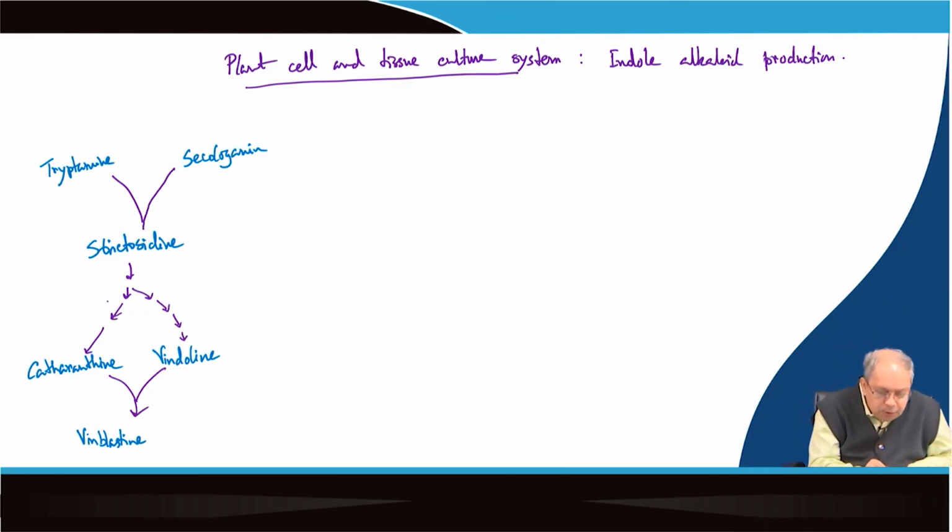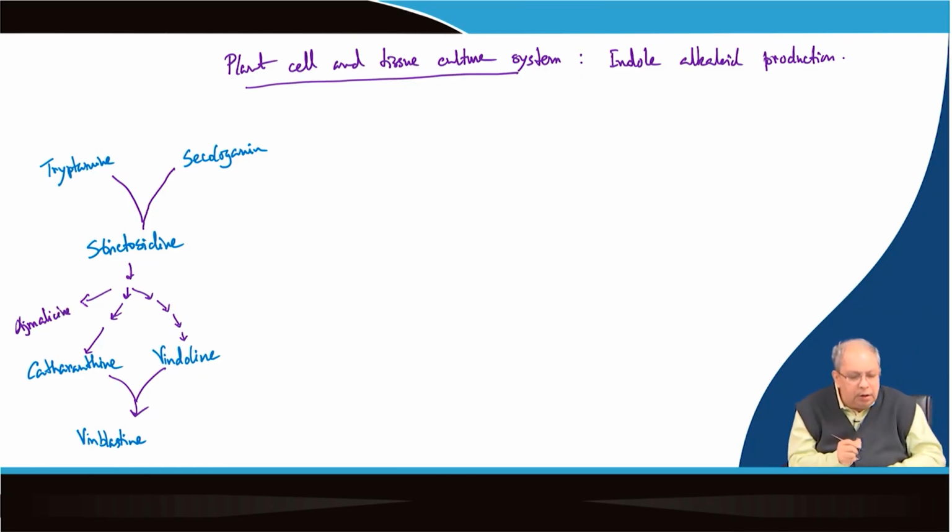And in between also there are products like ajmalicine and other products, cathenamine and so on.